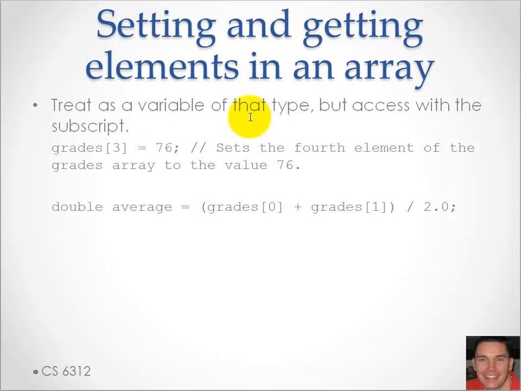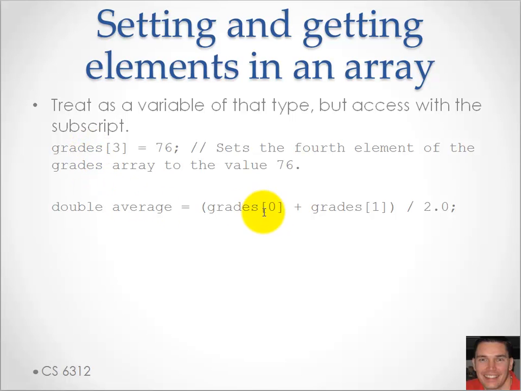Now to set and get elements in an array, the variable that is placed within my index here has to evaluate to an integer. So here, this is going to the fourth element, grades sub 3, and this is going to assign 76 to the fourth element of my grades array.